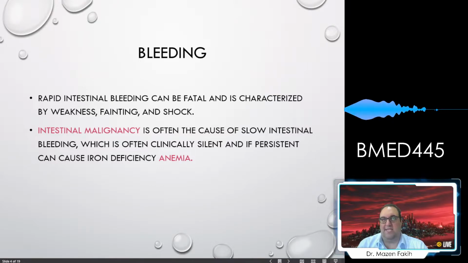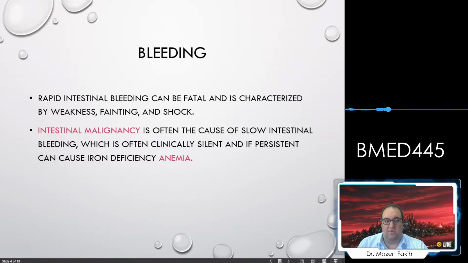It will tell me where the pathology is happening, and it can give me an idea what type of pathology it is. Now, we know that if it is rapid intestinal bleeding, the patient may die very quickly.